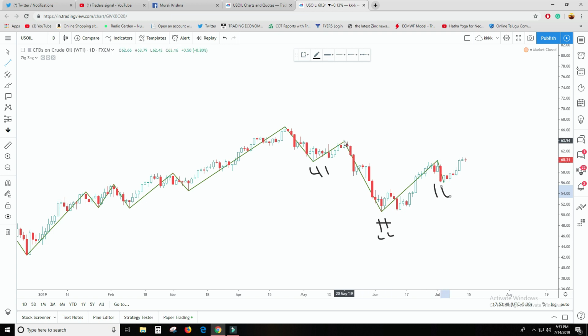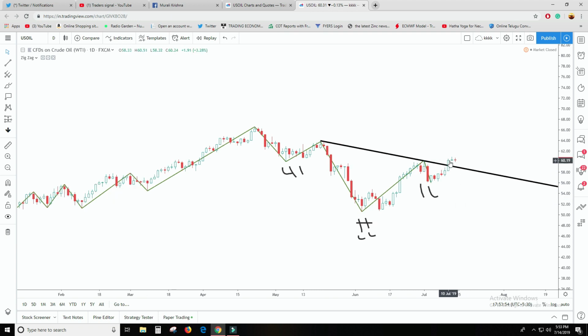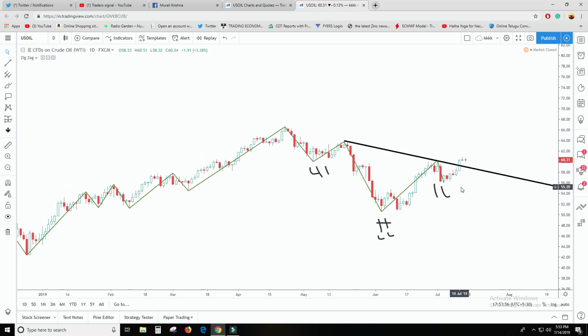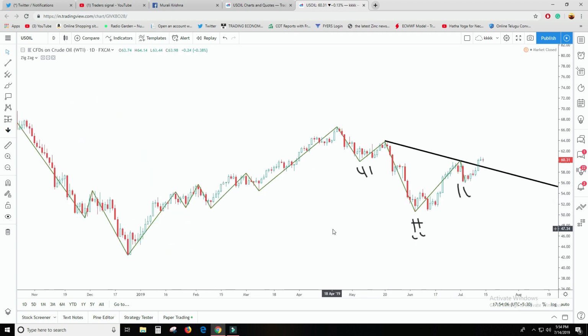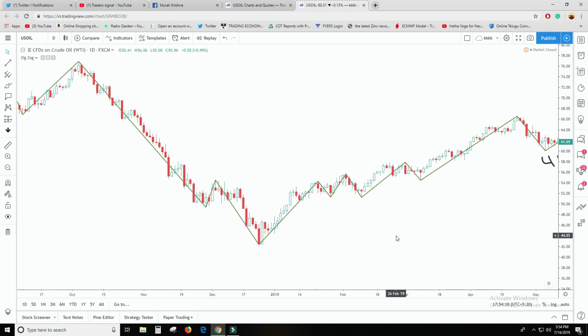So what I can do is connect the neckline of this one. According to this, crude oil broke up through the trend line above and it's a buy. It may trade somewhere here for some time, but yeah, it's surely going up. So this is the kind of pattern where we need to focus on drawing the trend line.